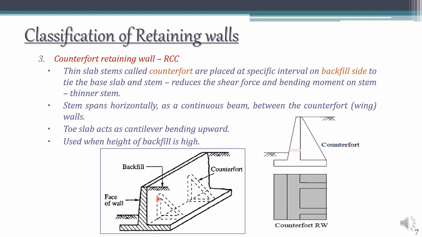In this, there is a combined cantilever and simply supported continuous action for stems. Cantilever structures are not effective for a height of more than 6 meters. In such cases, we go for a counterfort retaining wall.